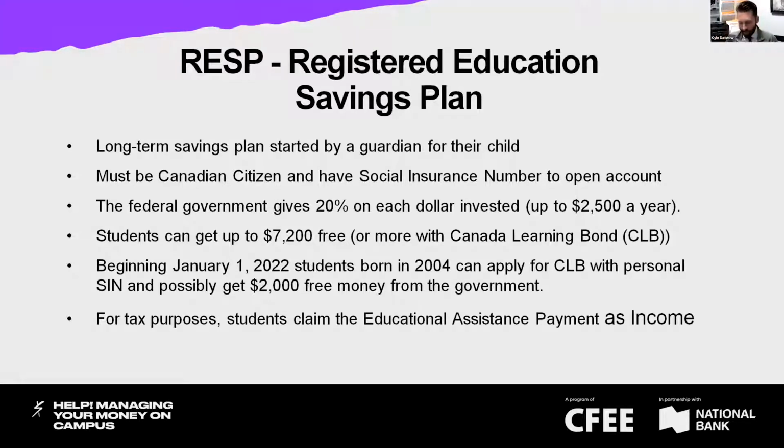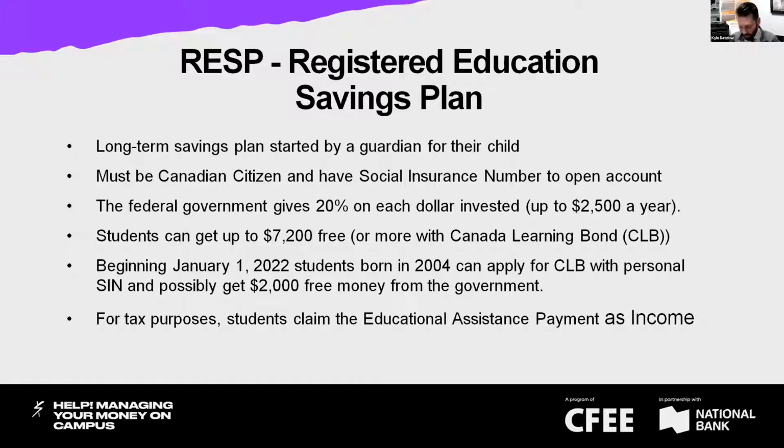So in order to open an account, just to give you an understanding of how these work, so you understand for the future, the student must have a social insurance number and a Canadian citizenship. You must start to save an RESP for your child before the end of the calendar year in which the beneficiary attains 15 years of age to be able to qualify for the education savings grant.